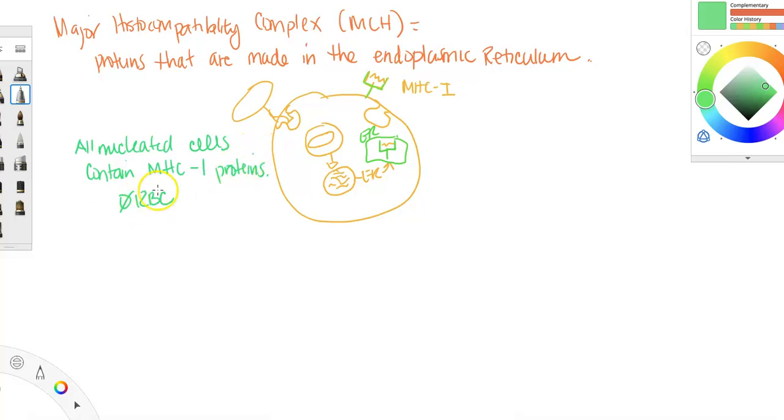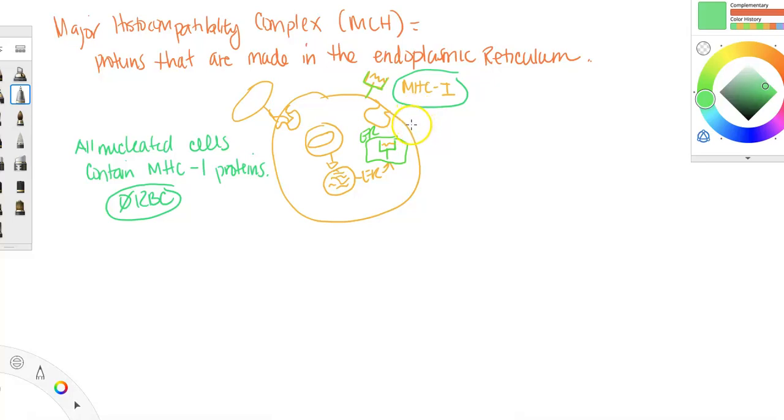So fortunately, MHC1 are not on red blood cells, and that is why we can donate blood. If red blood cells had MHC1, we would not be able to donate blood, because our donated blood to another person would be rejected because of the MHC1. Okay, because one person's MHC1 is not going to be the same as another person's MHC1 unless they're an identical twin.